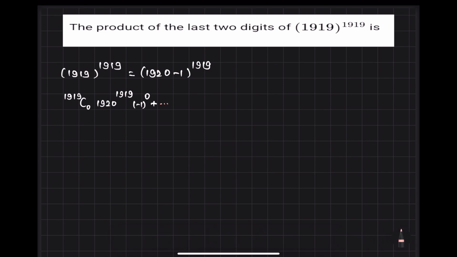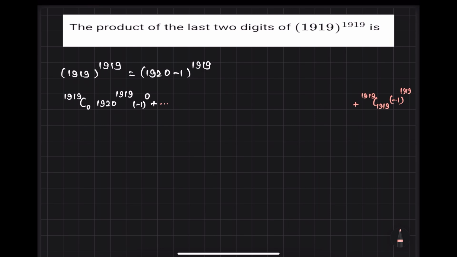So let's go to the last numbers which will contribute to the last digits. Hopefully it is 1919C1919, and you know that this time 1920 will take power 0 and minus 1 will take power 1919, correct?